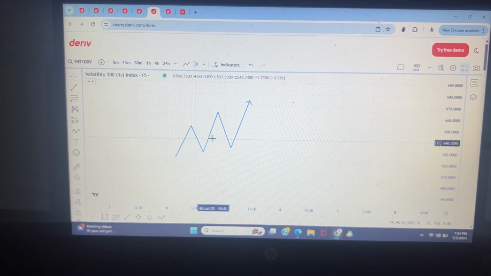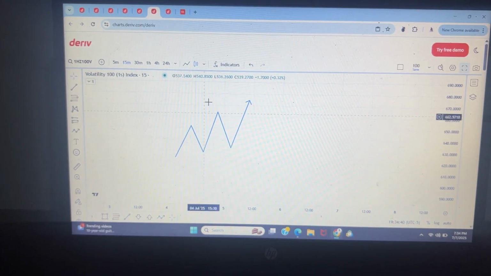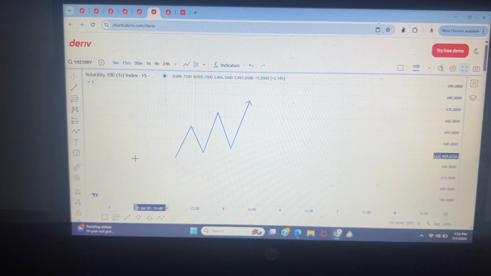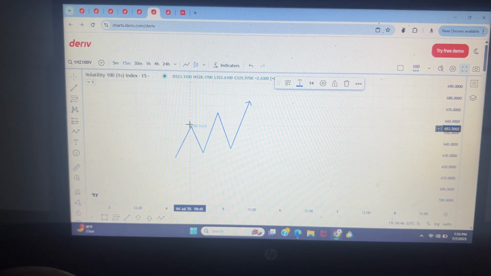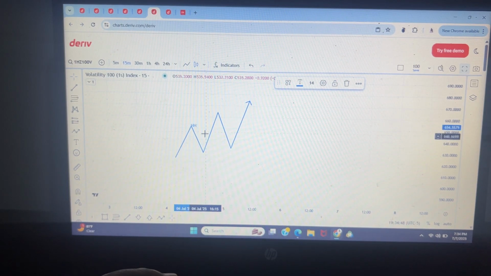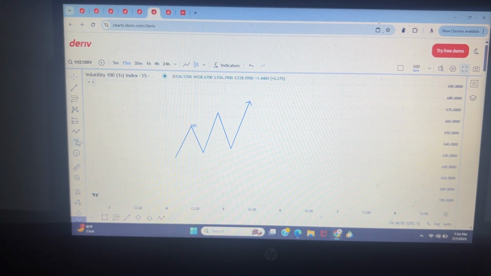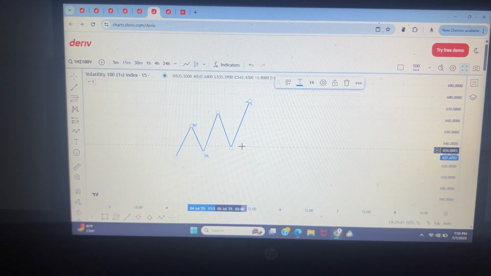So in this case right here, watch this. We have an uptrend, we have higher highs and higher lows. Higher high, right there again. Higher high, HL, higher low.